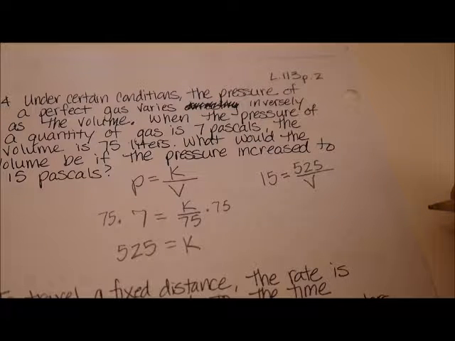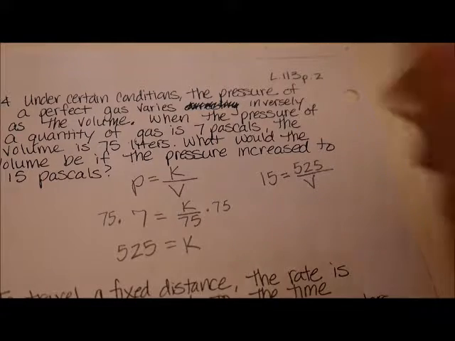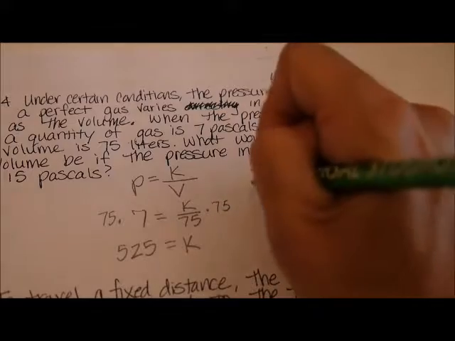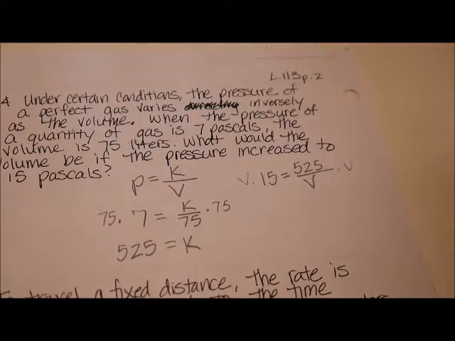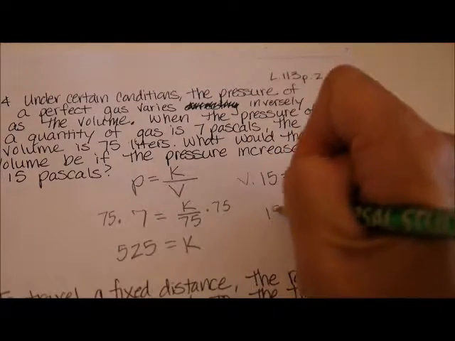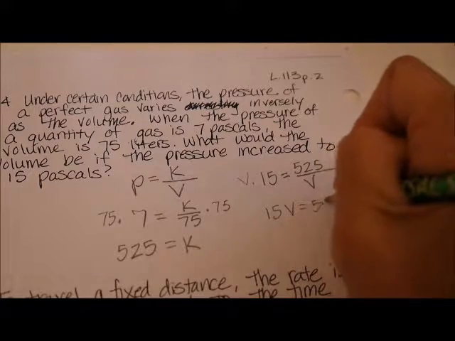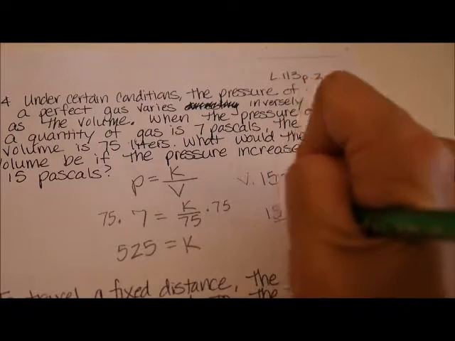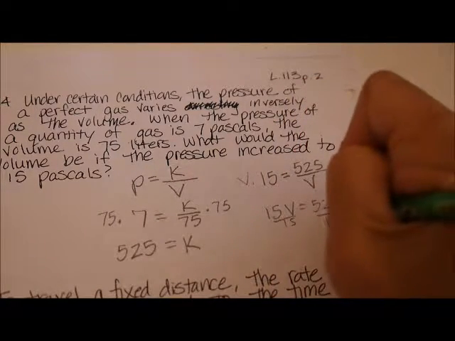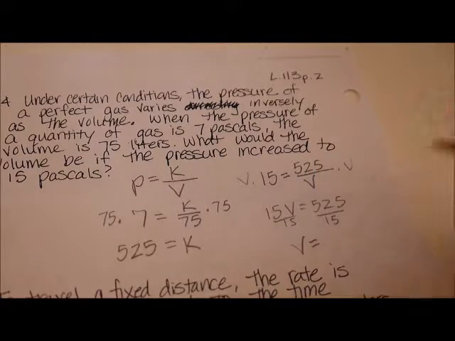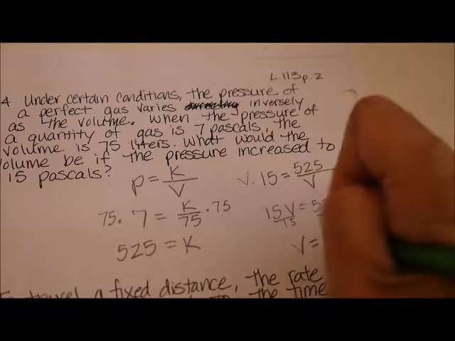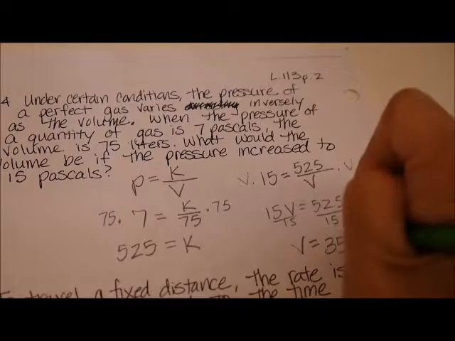The way we do that is, I'll show you the long cut and the shortcut. You can multiply both sides by V, get the V out from the bottom, right? So 15V equals 525, and then divide by 15. And when we do that, we get 35 liters.